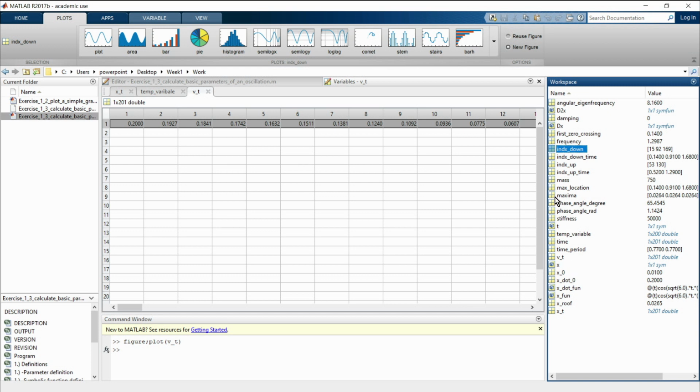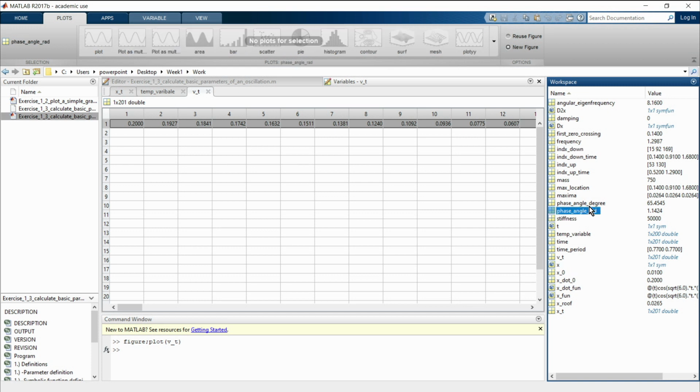And you can see that we have a phase angle of 65 degrees.